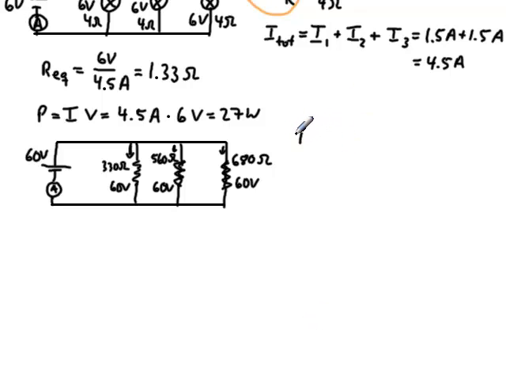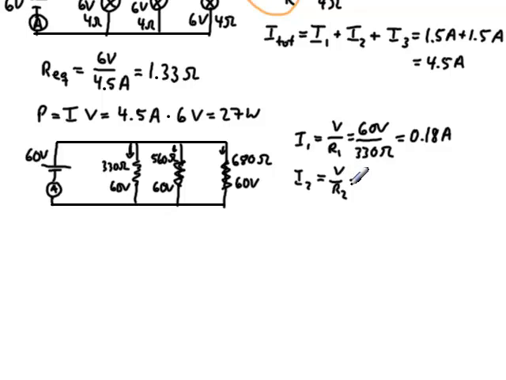So I1, the individual current for the first resistor, would be 60 volts divided by 330 ohms. And I do that separately here. I come up with 0.18 amps. Then the one in the middle, I2, equals voltage divided by the second resistance, 60 volts divided by 560 ohms.